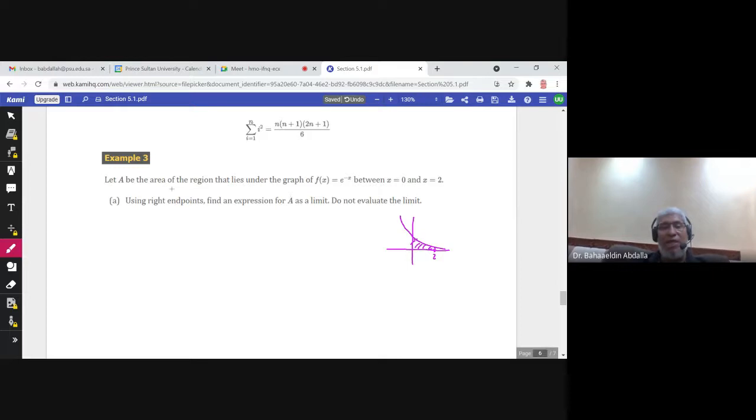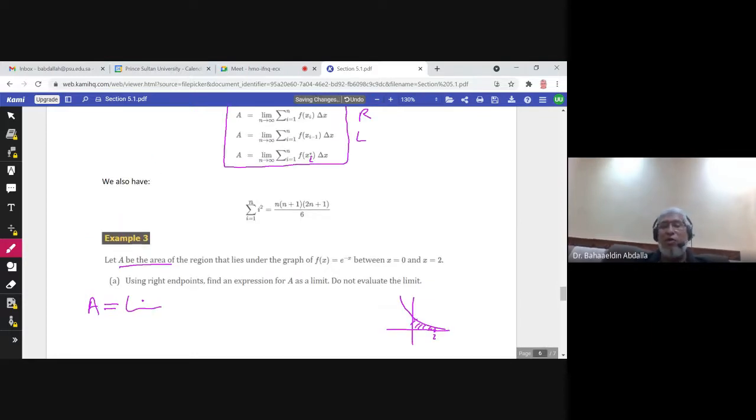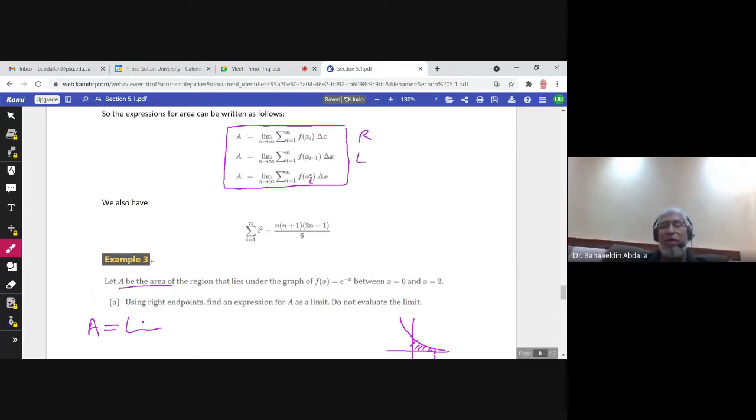So A is the area of this region. We need to find an expression for A as a limit, one of these. If we use the right endpoint, it would be the first one.